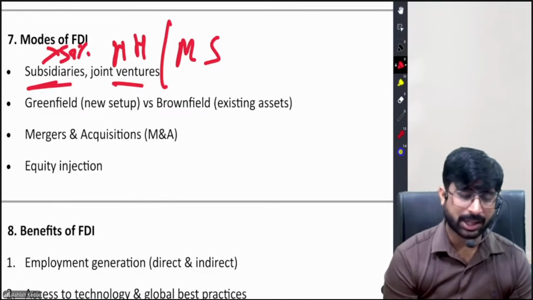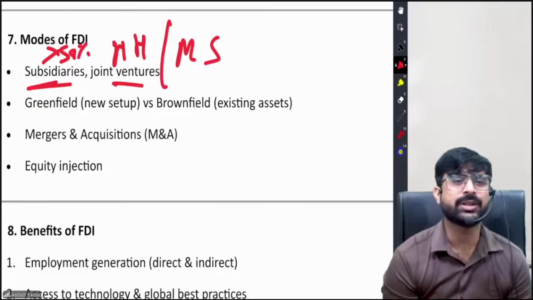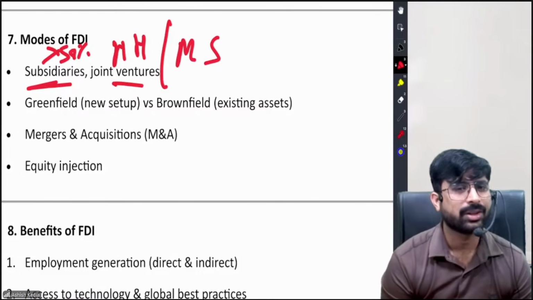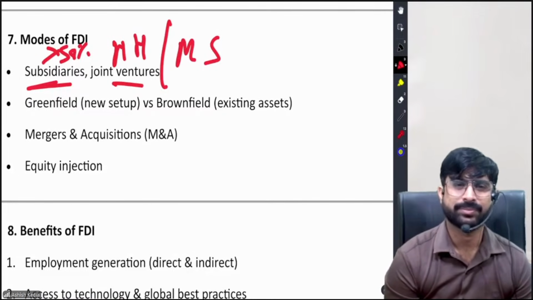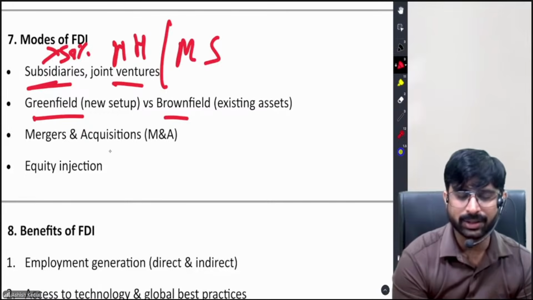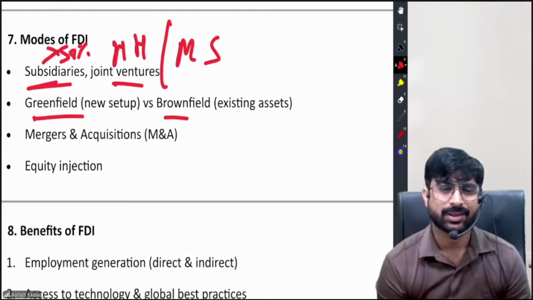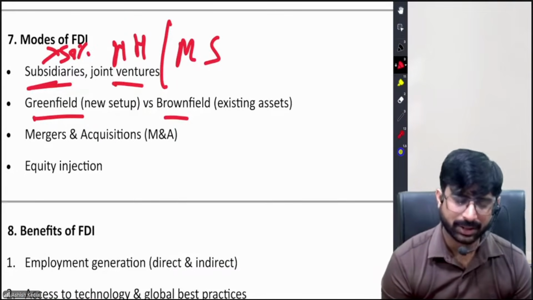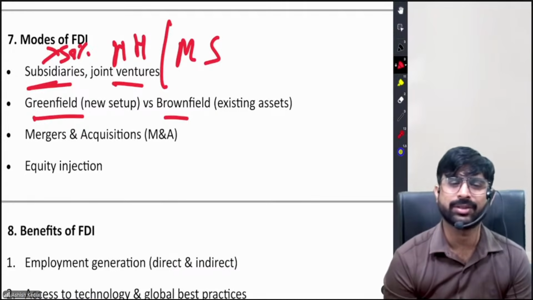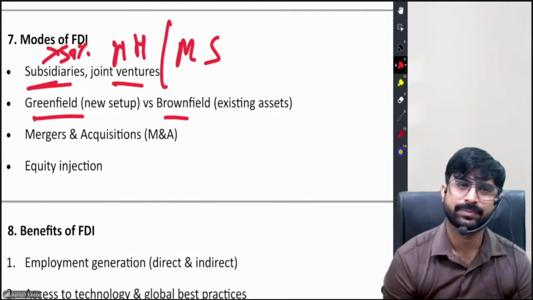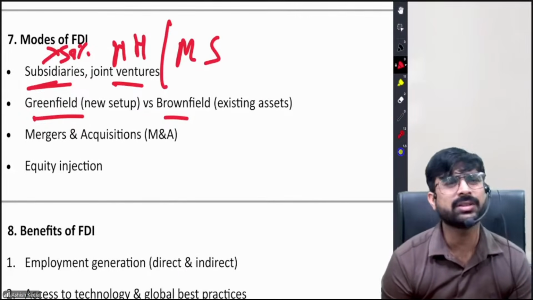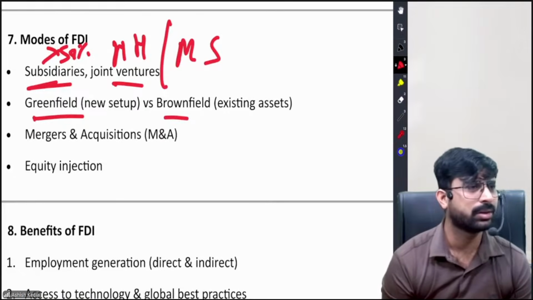Then there are two kinds of investments which institutes often ask. So I will explain both of them: the greenfield investment and the brownfield investment. What did you say, sir? The greenfield investment and the brownfield investment. What is this greenfield investment, students?